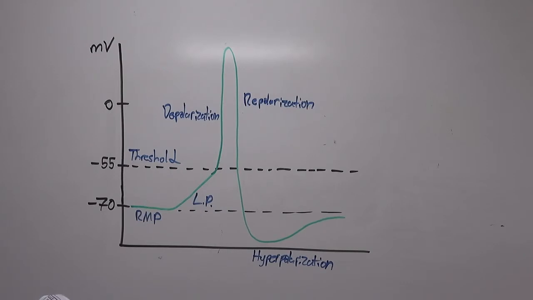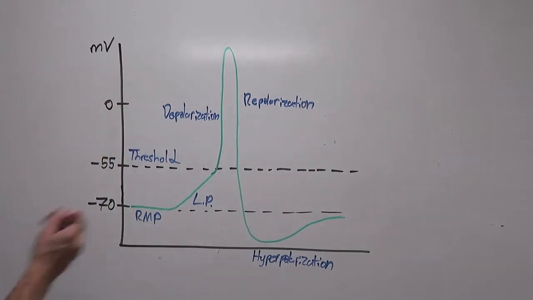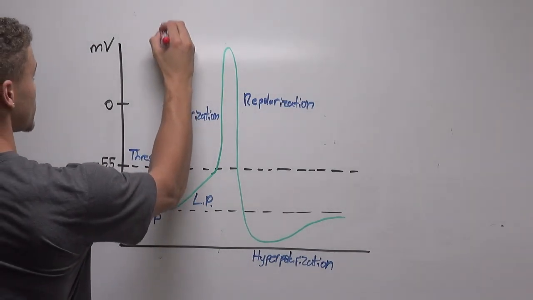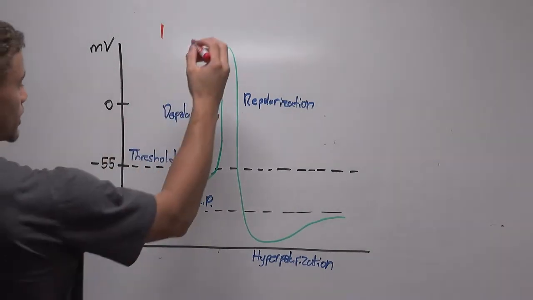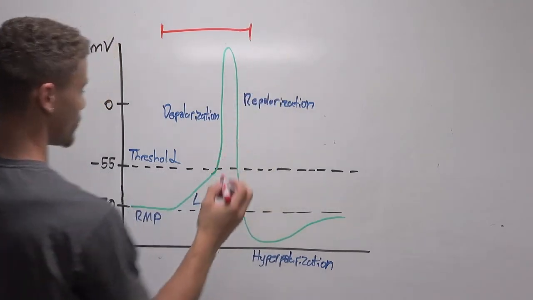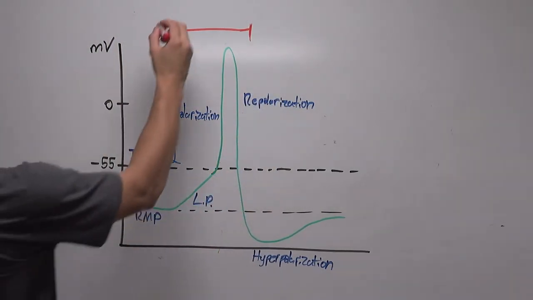So the absolute refractory period would be from the original stimulus of the local potential to the dip of repolarization.